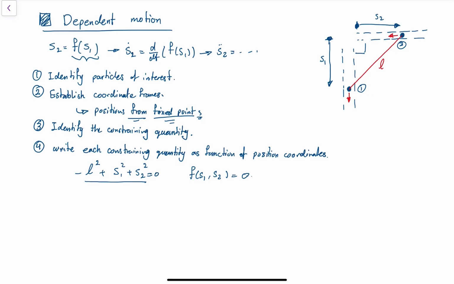Or alternatively, if possible, and it's not always possible, find the one that you're more interested in: S2 equals the square root of L squared minus S1 squared. Now you have an explicit function, S2 equals some function of S1.